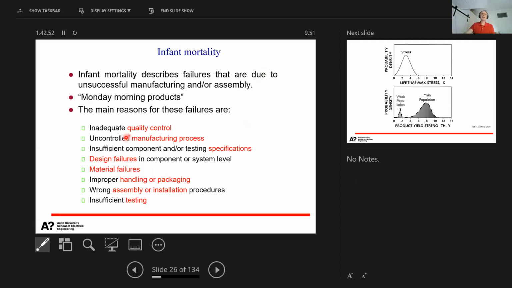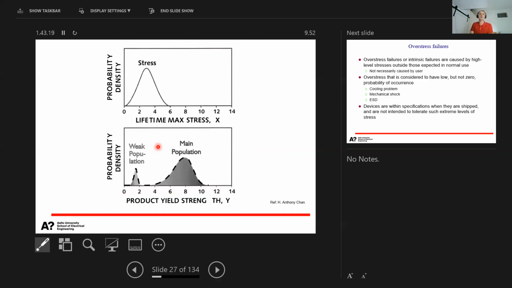So these are basically mistakes that somebody is making, either at the design table or in the actual manufacturing or testing. And this leads into a situation that in addition to your main population, you also have a weak population, which means that we can go back to the strength approach. Here we have the stresses, and here we have the main population where the average strength is way higher than the average stress.